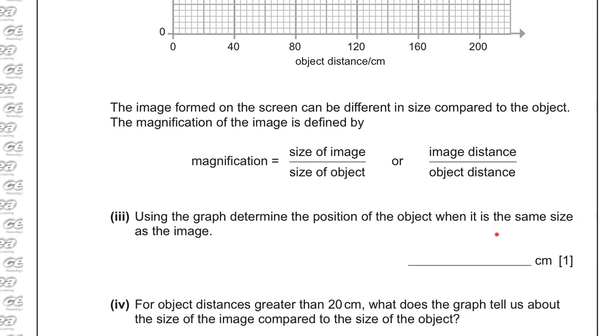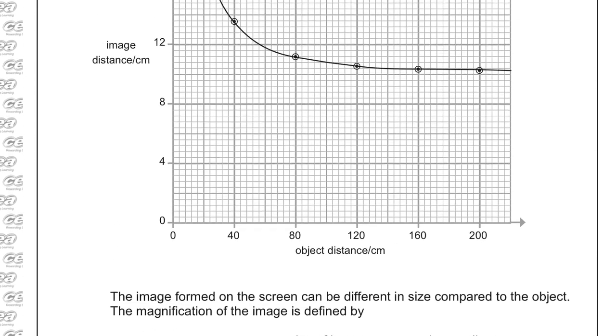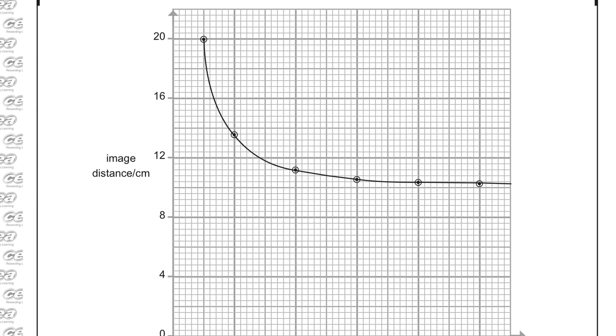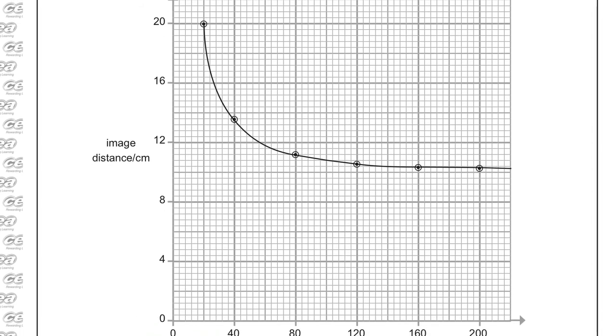Well, that would also be when the image and object distances were the same, because the top and bottom line would have to be the same. So we're looking for values here where the object distance and image distance would be the same. And you can see here at 20 on one axis, where I equals 20, O also equals 20 centimeters, so that would be the place where those two are the same, and therefore the ratio will be 1.